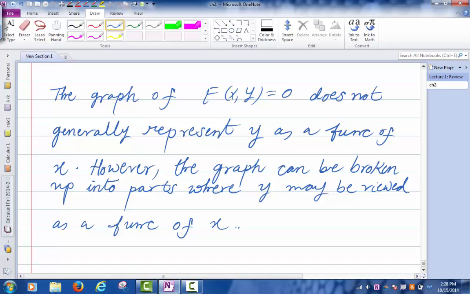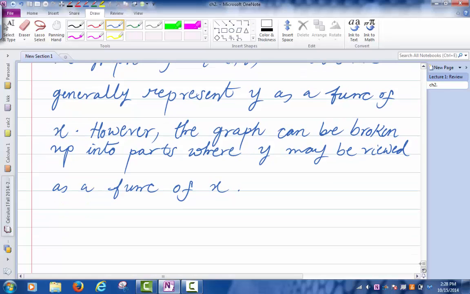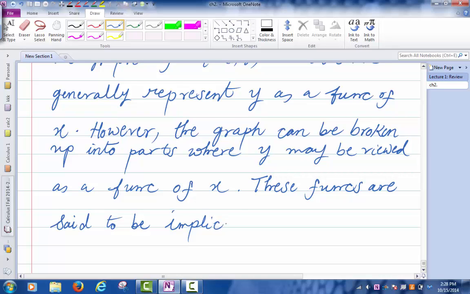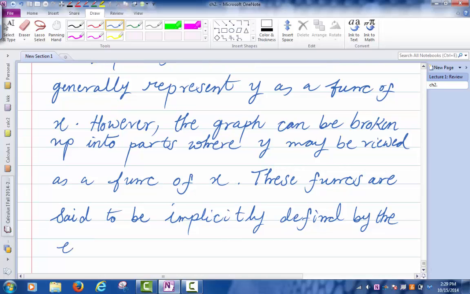Does that make sense? And these functions are said to be implicitly defined by the equation f of x, y equals 0.